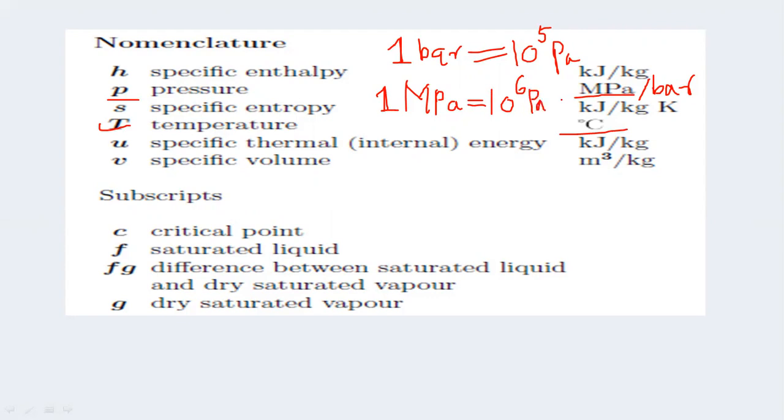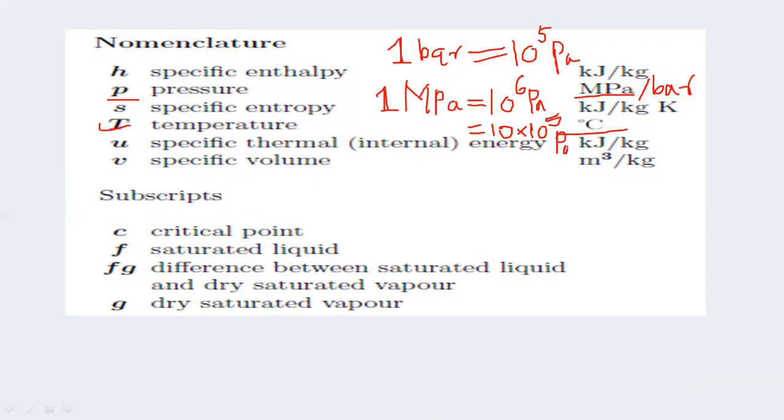Which means if I want to convert megapascal to bar, 1 megapascal is equal to 10 into 10 raised to 5 Pascal.